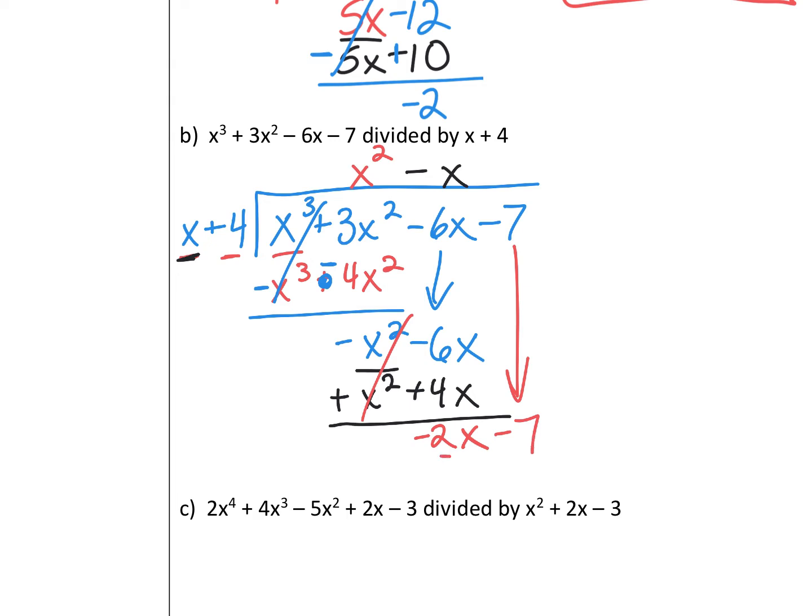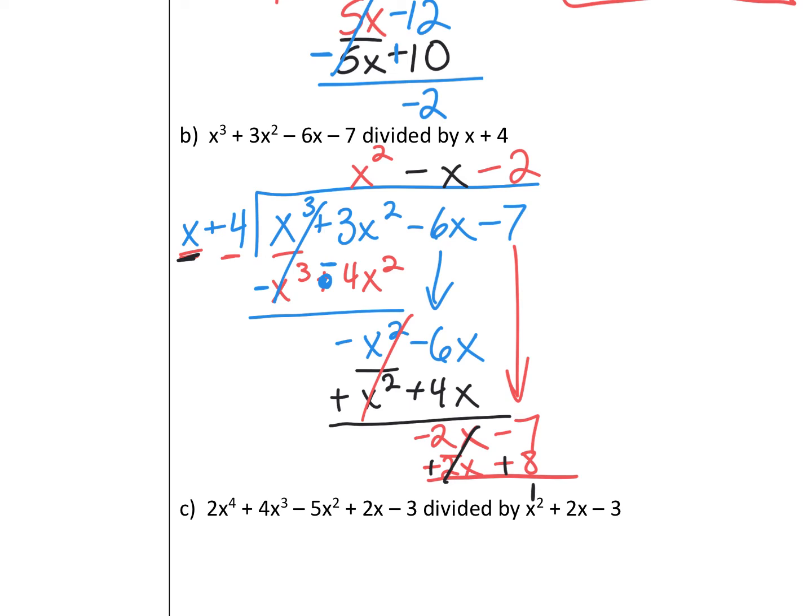Negative 2x divided by x, which is minus 2. Multiply back out: negative 2 times x and negative 2 times 4. Do what with the signs? Flip them. The 2x's will cancel, and my remainder will be 1.